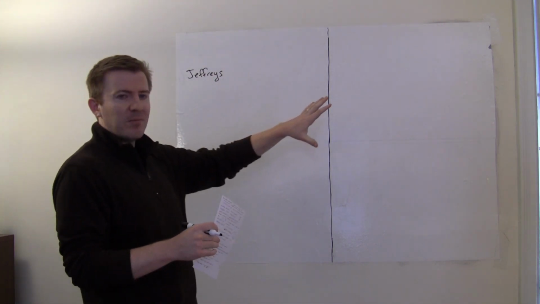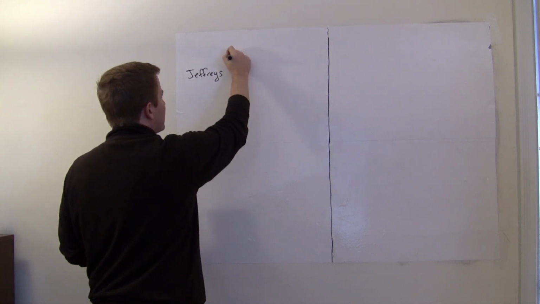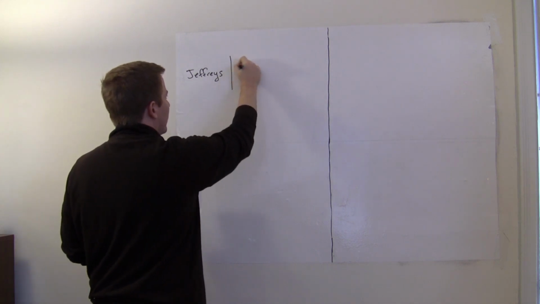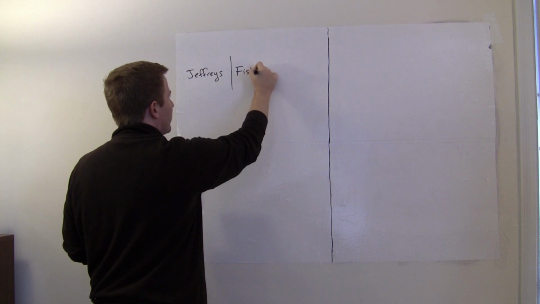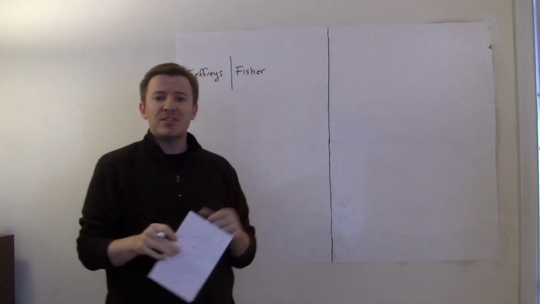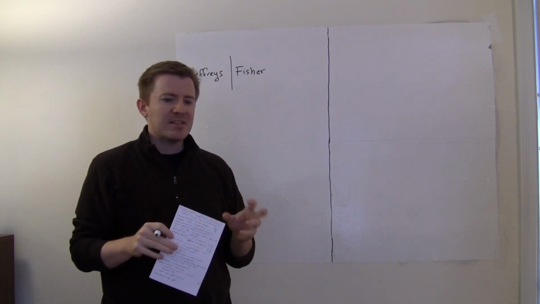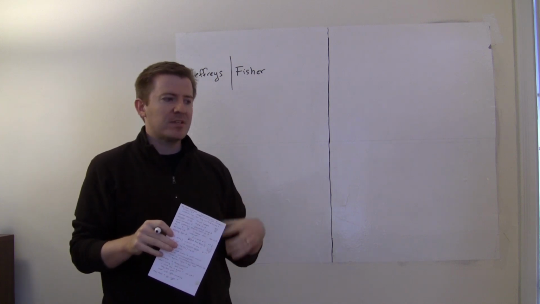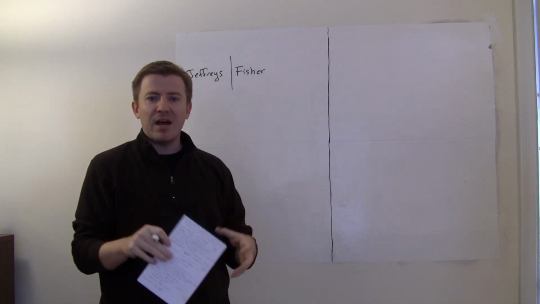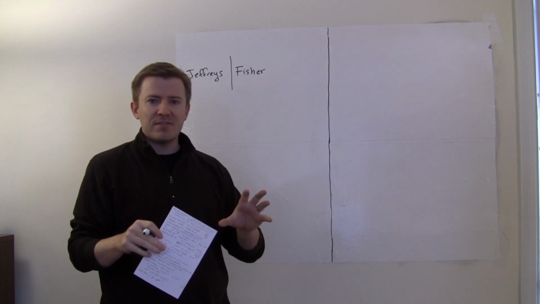His disagreements were with, among other people, a guy named R.A. Fisher, who we've mentioned before. Ronald Fisher was a biologist and studied quite a lot of data science questions about population biology and agriculture and genetics and all these kinds of things.